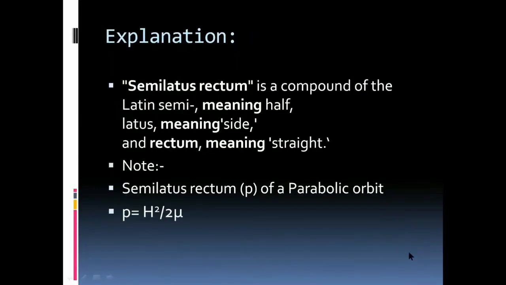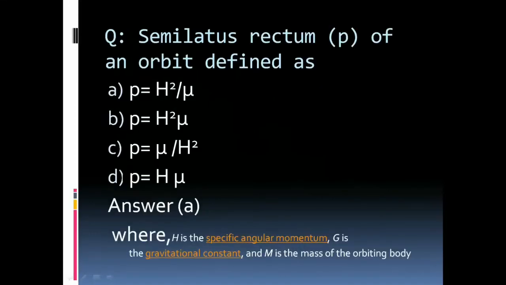So let's see the solution. What is meant by semi-latus rectum? It is a component of a Latin word. Semi means half, latus means side, and rectum means straight. So make a note of it. So the answer is A. For an orbit, P equals h squared by mu.